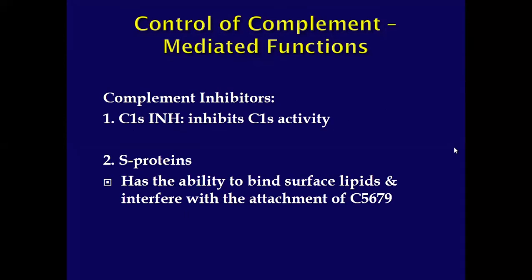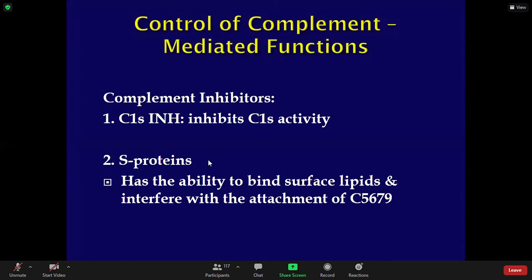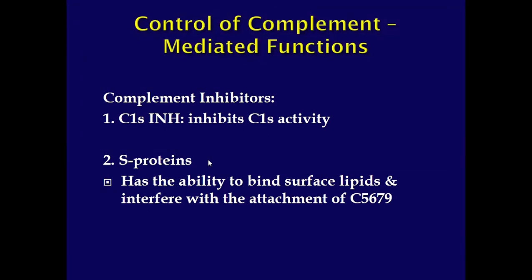And then the complement inhibitors: we have the C1s inhibitor, which specifically inhibits C1s. Then we have the S protein that has the ability to bind surface lipids and interfere with the attachment of the membrane attack unit.